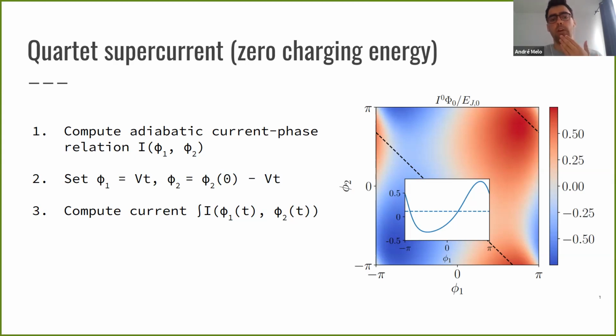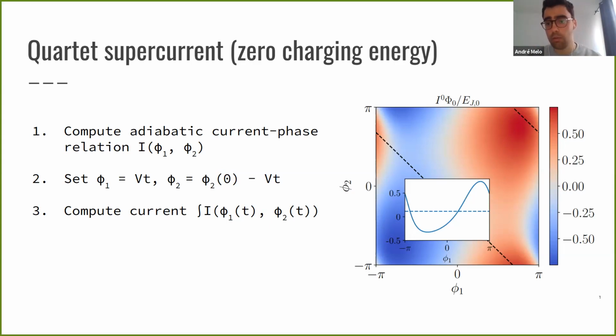And actually, if we did not have this commensurate condition, so if, for example, let's say the voltage on phi 2 was like pi times the voltage on phi 1, then what would happen is that these phases would actually sample the whole phase plane. They would not be following a line. And there, if you do that, you average to 0.